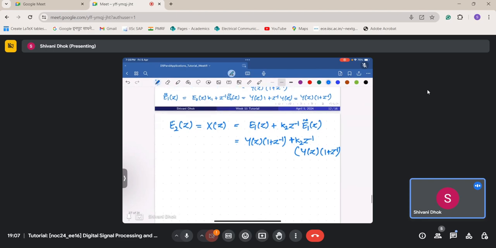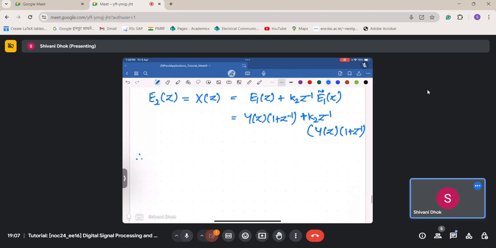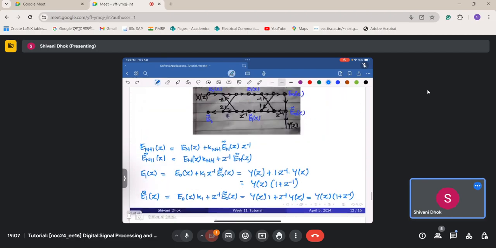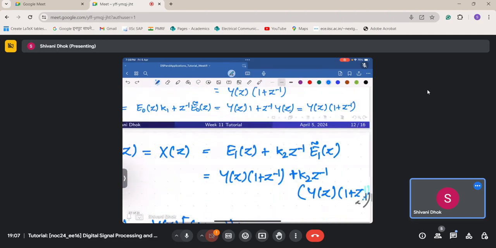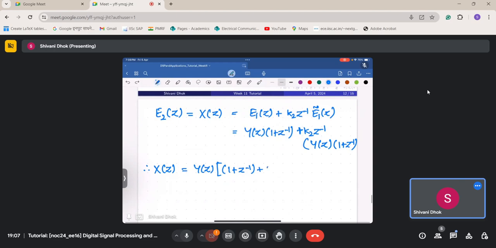Okay, so therefore x of z is equal to y of z common. We have 1 plus z inverse plus, if you observe, this factor here is minus k2 and this factor here is k2, so we have 2z inverse into 1 plus z inverse.